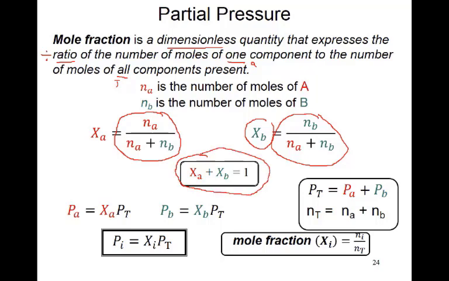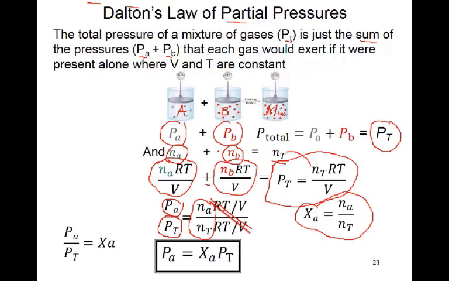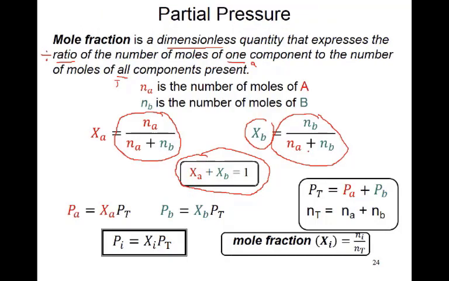You see here, in this case, the partial pressure of gas A plus partial pressure of gas B is equal to total pressure. But here in the mole fraction, we are not saying mole fraction of gas A plus mole fraction of gas B is equal to total mole fraction. No, it is equal to 1. This is an important equation to remember.